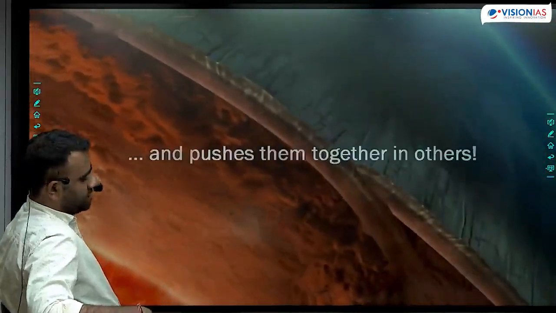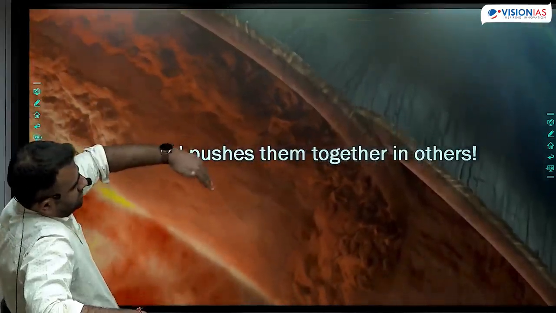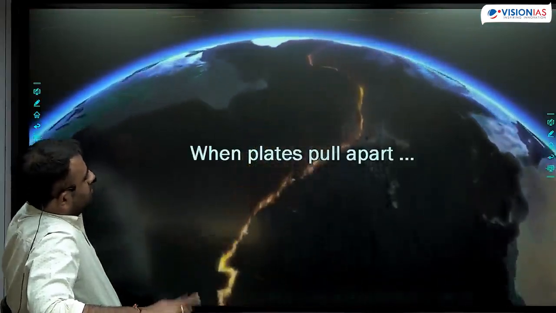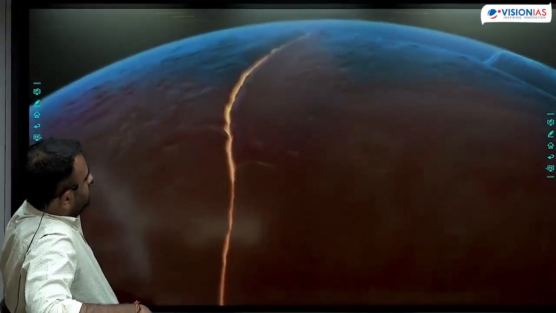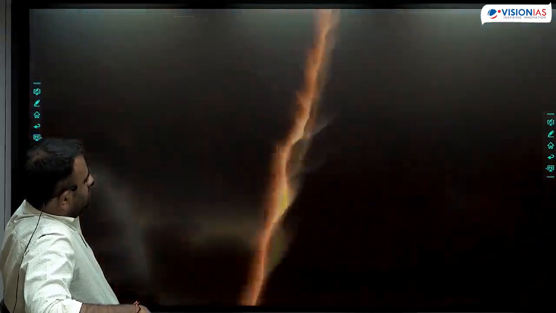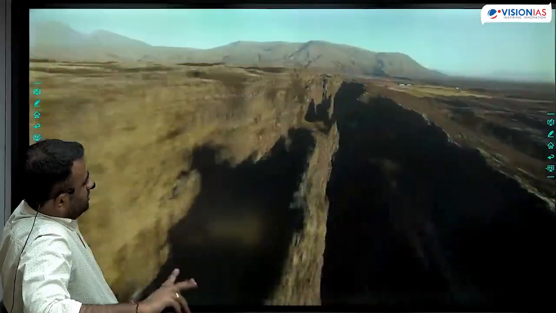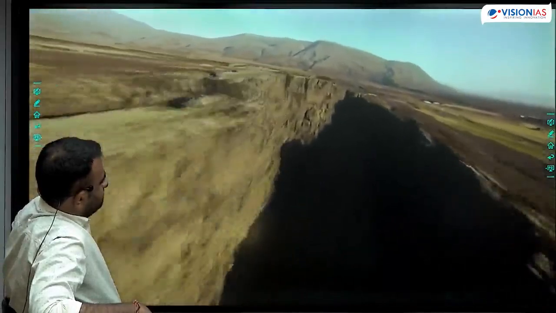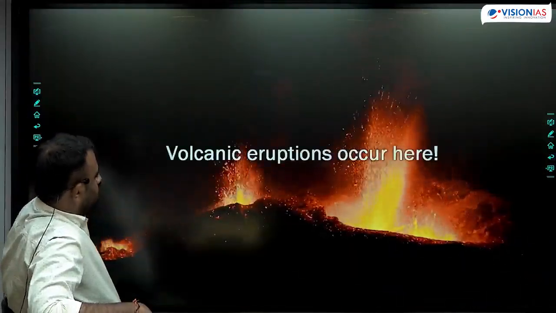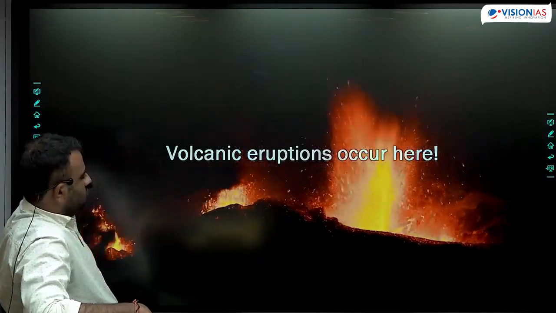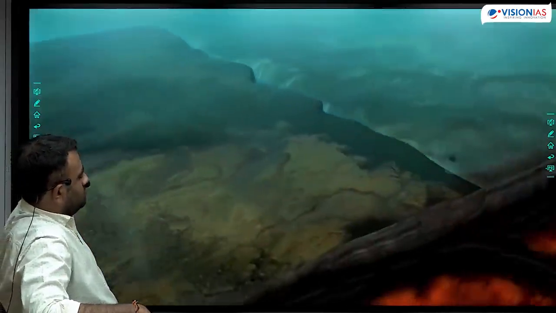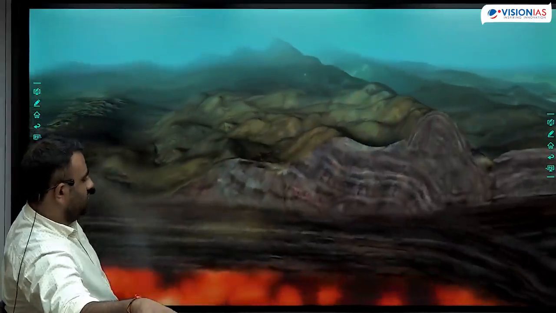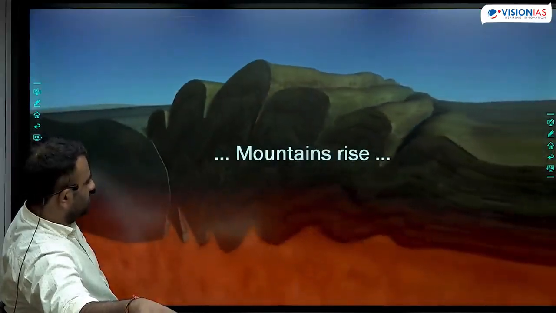This is how the convection currents move. Rising, converging. You can see the subduction. This is the divergence, ocean-ocean divergence. Ridges, these rift valleys. This is convergence, continent convergence.